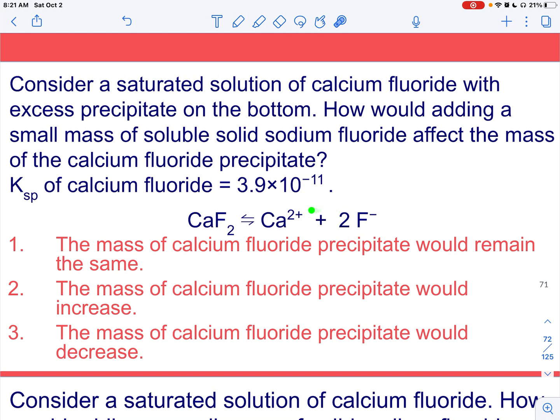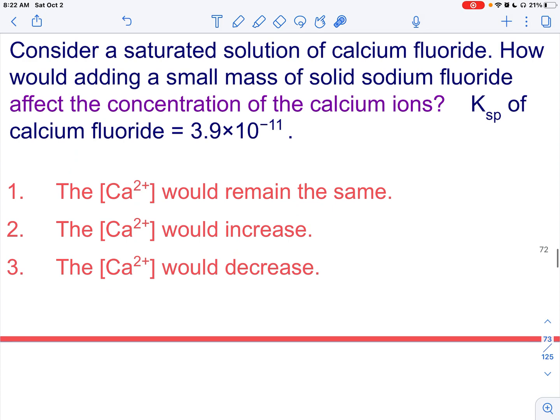If we add this, it goes in the reverse direction, we create more of this. So the mass is going to increase. Okay, so that's just a basic Le Chatelier problem that you would be able to answer, not overcomplicating it. So let's go to the overcomplicating.